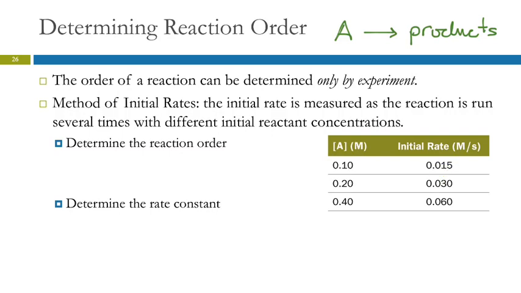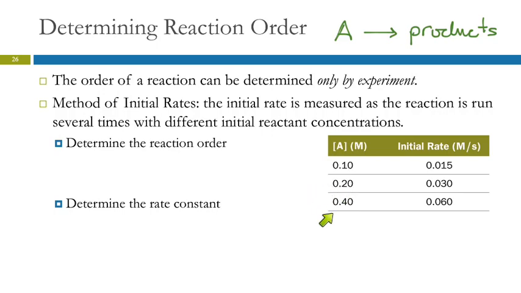Then we can set it up again and start with a concentration that's twice as much. The initial concentration is twice as high, and then we measure the rate and we find that the rate is also twice as high. Oh, okay.